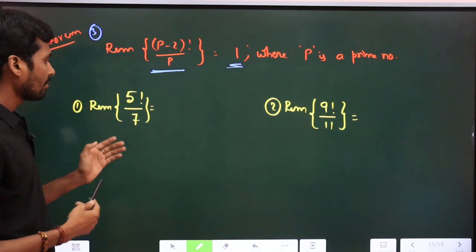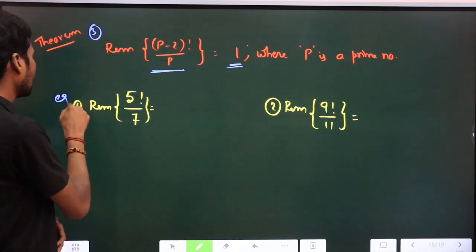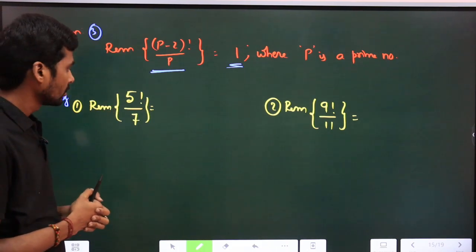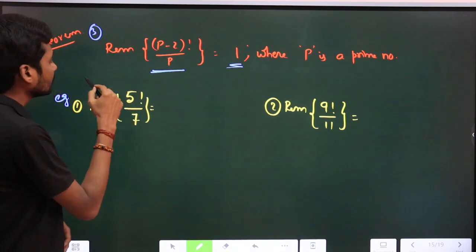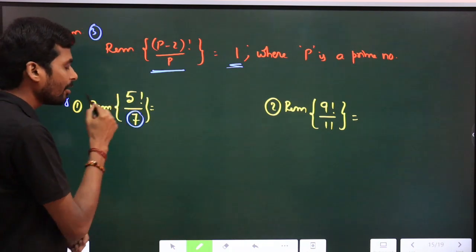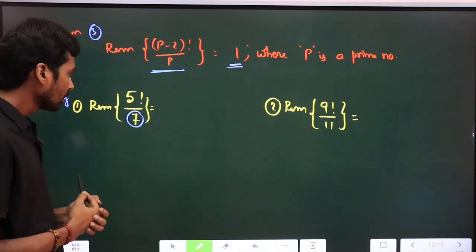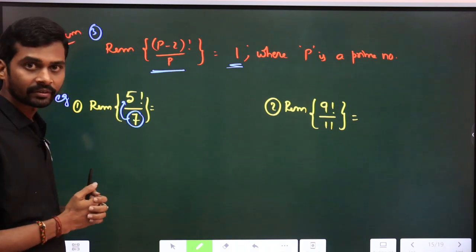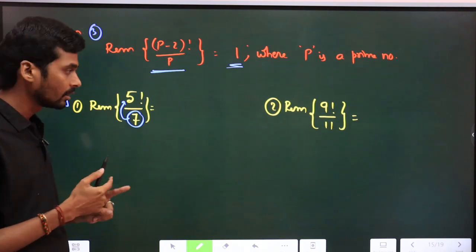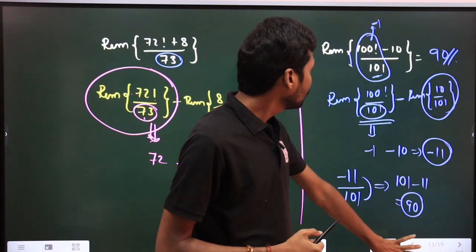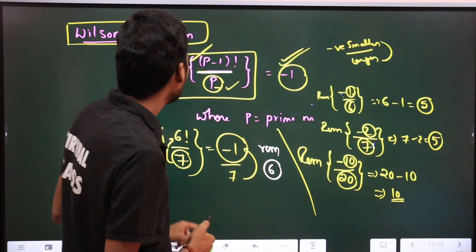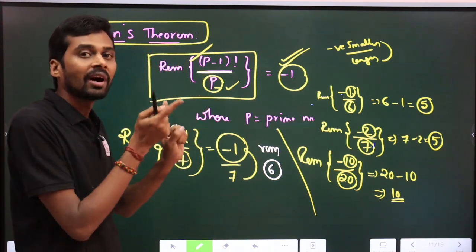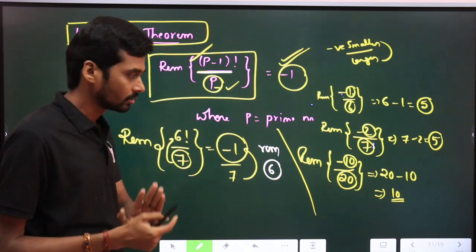Have a look at the example: what is the remainder when 5 factorial is divided by 7? As per theorem 3, the denominator must be a prime number and the numerator is 2 less than the denominator. In Wilson theorem 1, we had a prime number in the denominator and the numerator was only 1 less than the denominator, with the factorial.